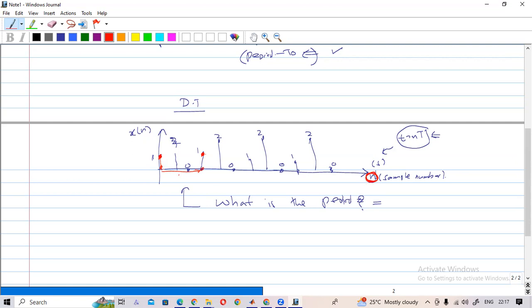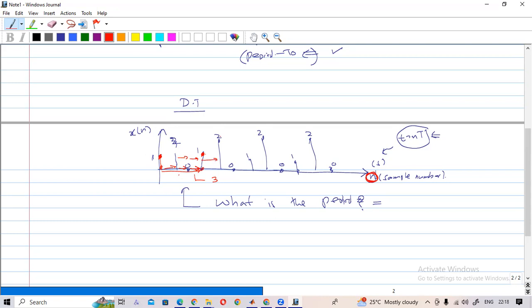So from here to here is one sample, here to here two samples, here to here three samples. After three samples, again we get the same sample.